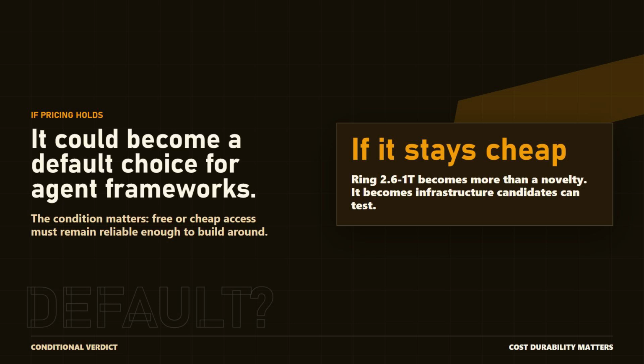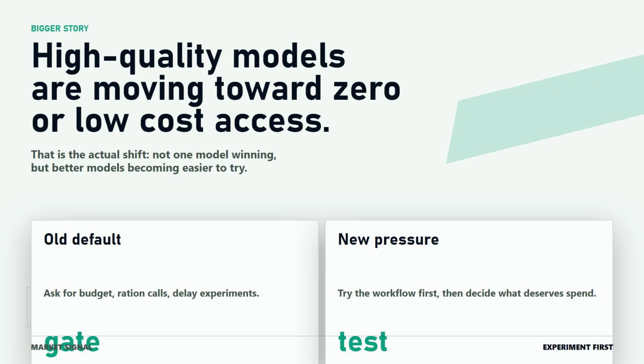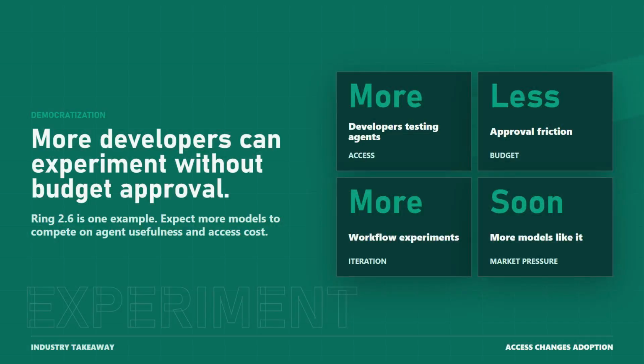If InclusionAI keeps this model free or cheap, it could become a default choice for agent frameworks. But the real story is that we are entering an era where high-quality, efficient models are available at zero or low cost. That democratization means more developers can experiment with AI in their workflows without budget approval.